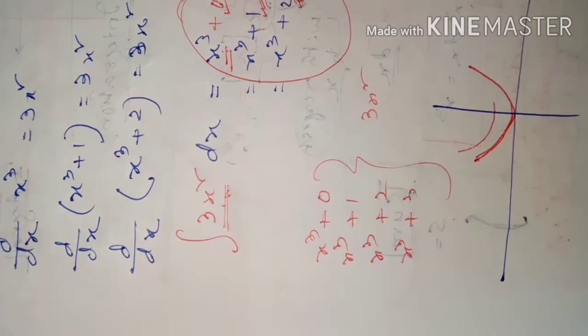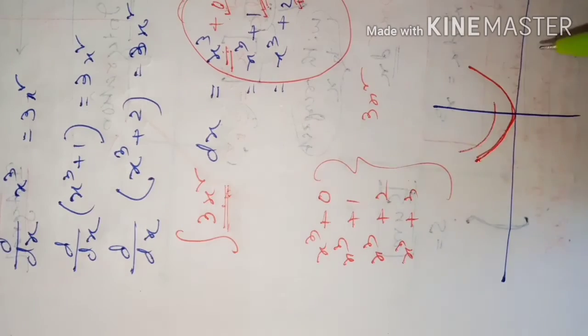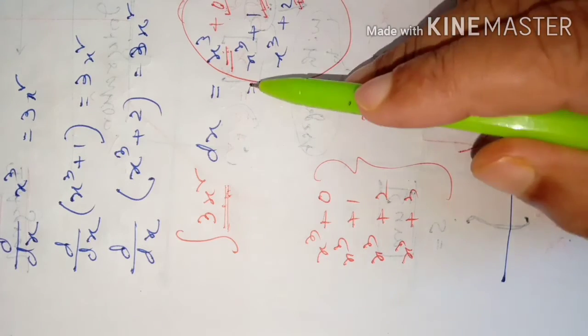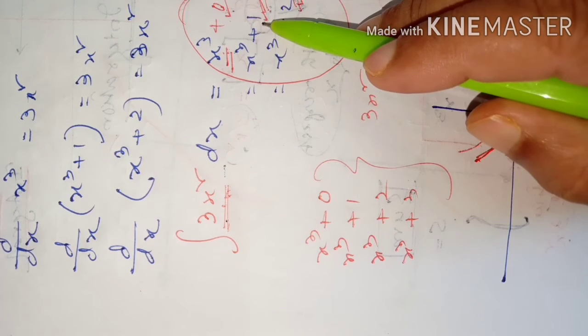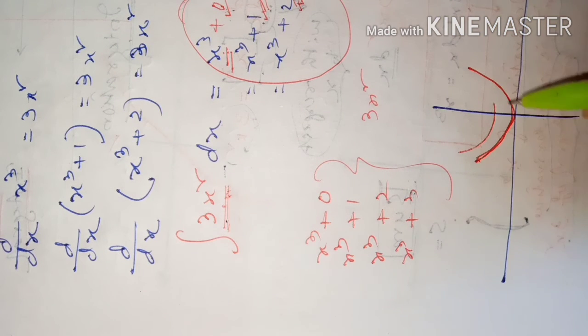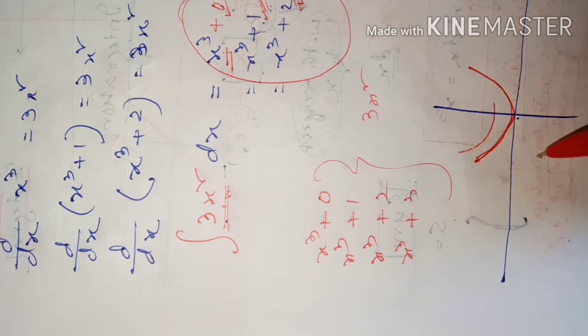That means there can be integrals of 3x square: x cube plus 0 or x cube plus 1. So the graph may go like this also. X cube plus 1 will go this way.